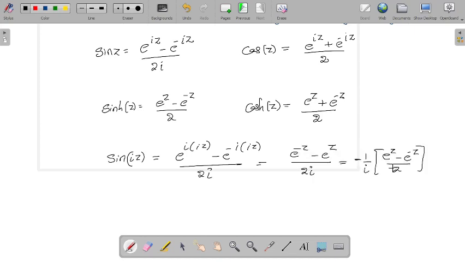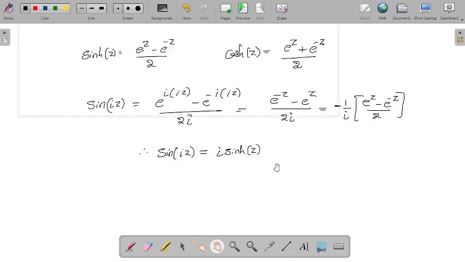So this is exactly sinh z. Therefore you can conclude that sine of iz is the same as minus 1 by i, which is actually i times sinh z. So you can see that sine of iz is the same as i sinh z.